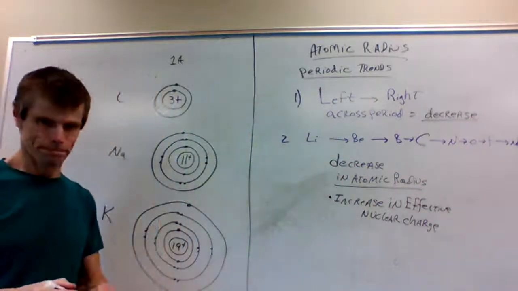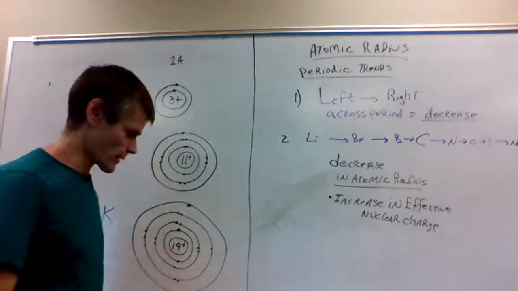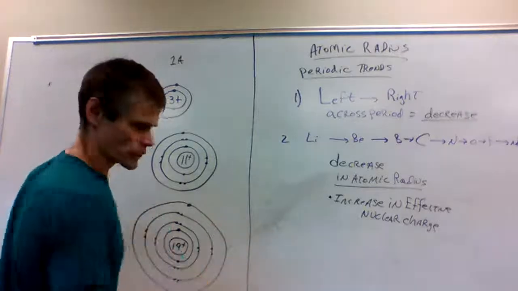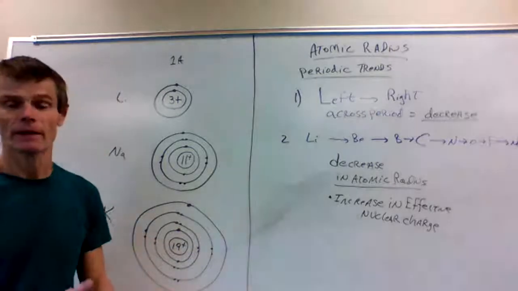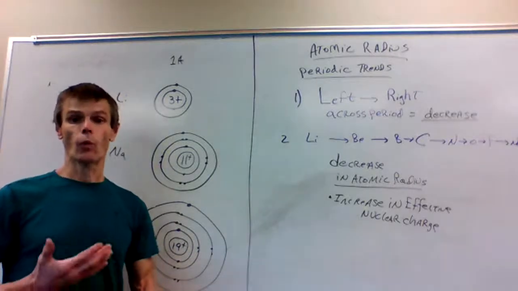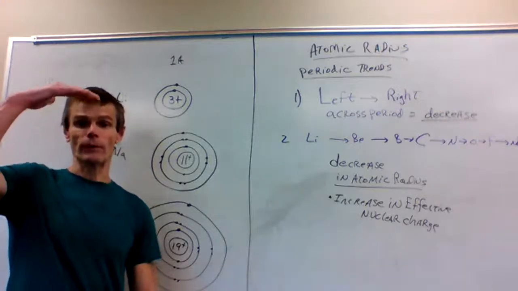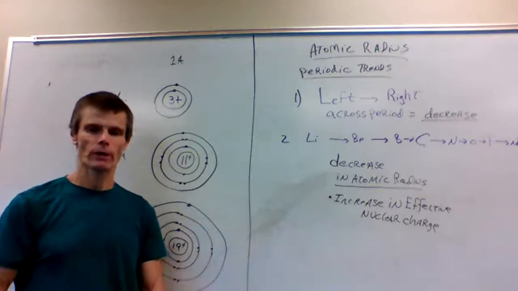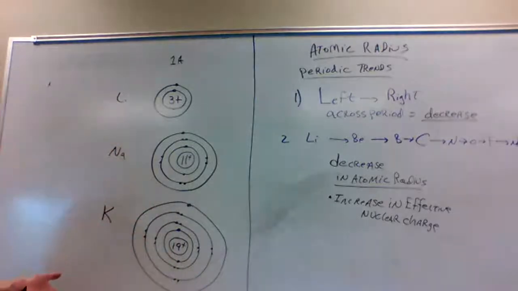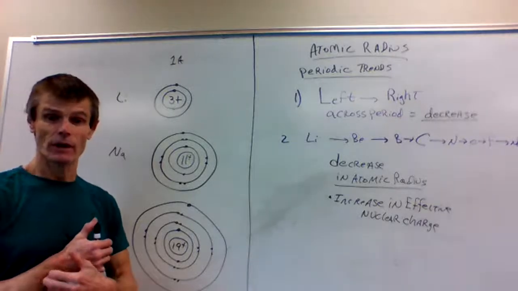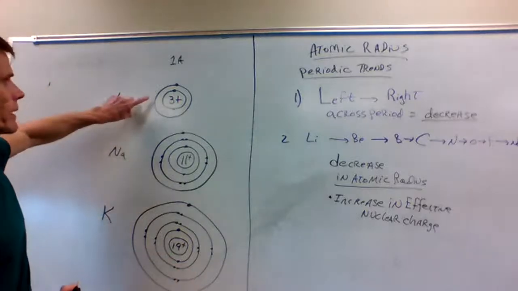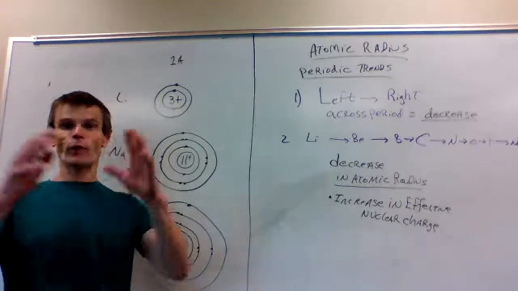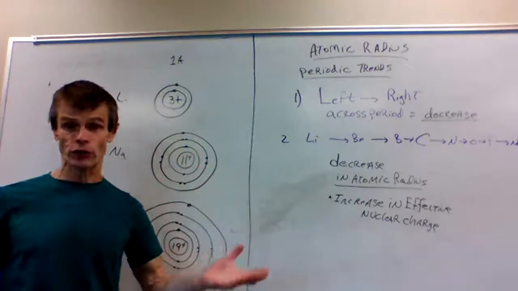Real important. Let's think about top to bottom down a group. Now, we're going to use our image that we worked on a few minutes ago right here. We're going to look at group 1A. And I kept this image up here just so we can recognize what do we expect to happen from top to bottom down a group. Well, what's happening from top to bottom down a group? Hopefully these images that I drew a few minutes ago will make sense. As we go from top to bottom down a group, we're actually placing valence electrons in a greater principal energy level, in another shell.